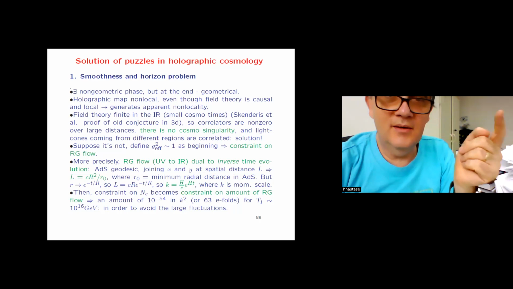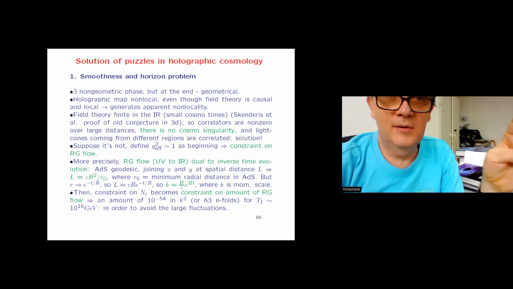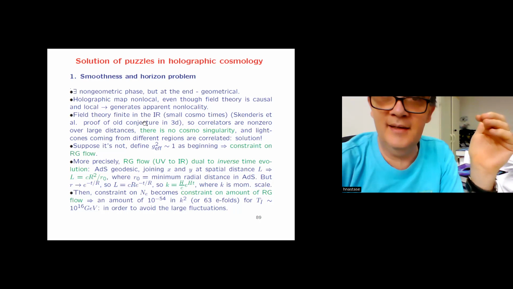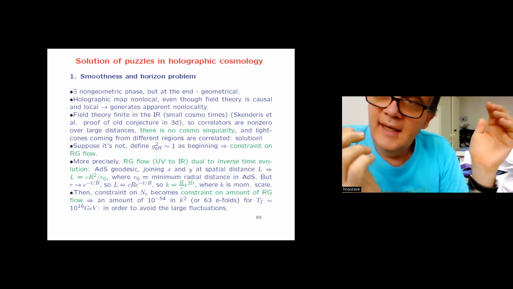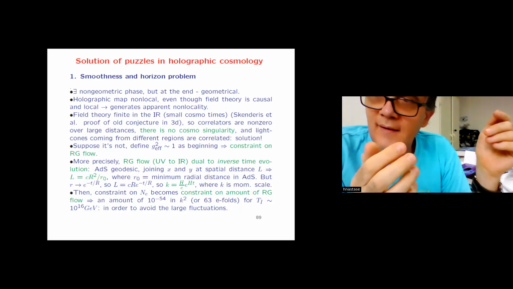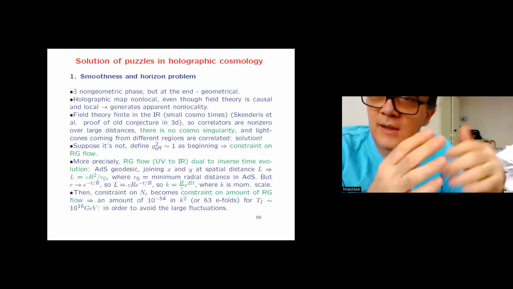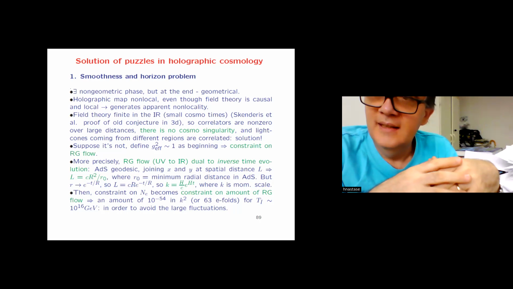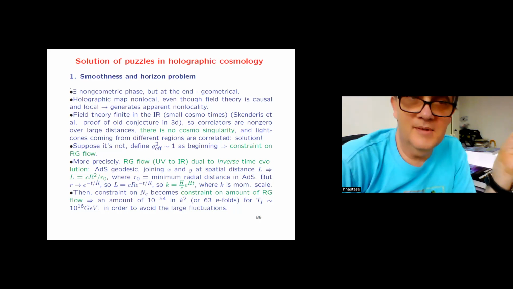However, it turns out that the most important solution is that the field theory is actually finite in the infrared. And as we remember, we had said that inverse RG flow corresponds to evolution in time, and so the infrared corresponds to small cosmological times.